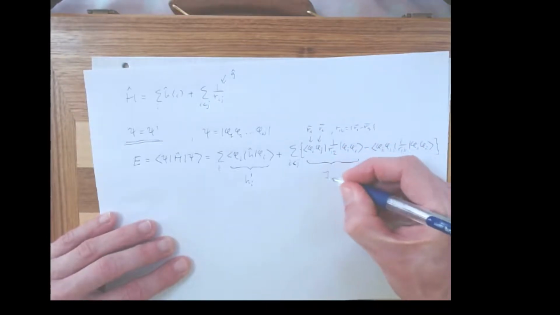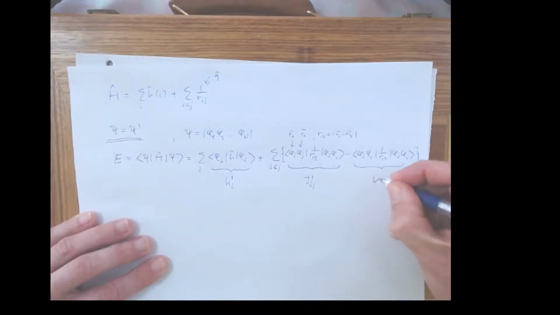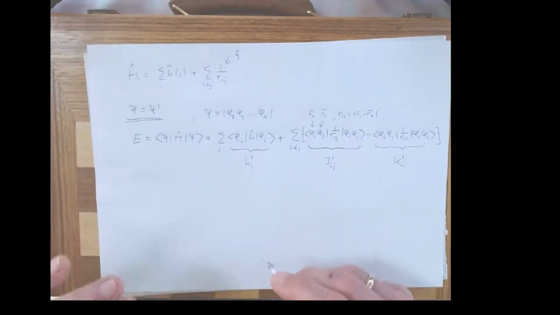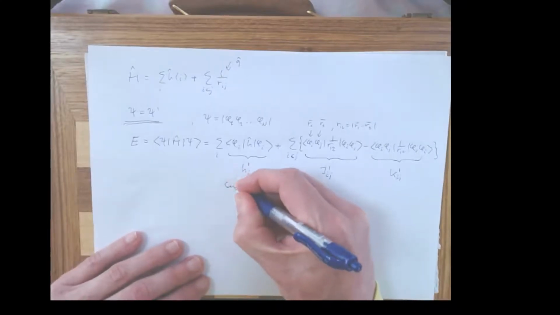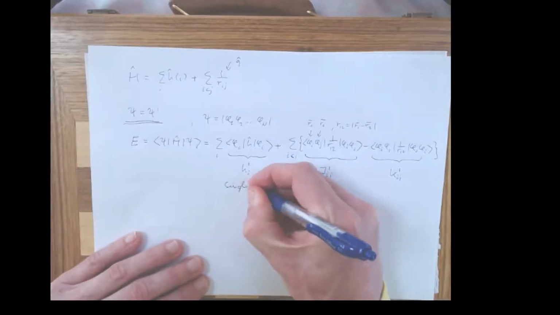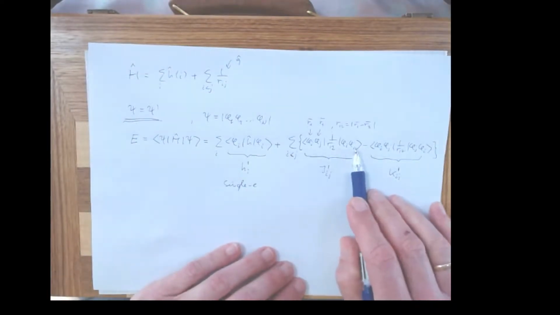This integral here will be J sub ij prime, and then this one will be K sub ij prime. So let me explain this notation. The first part is simple. This is just a single electron contribution.